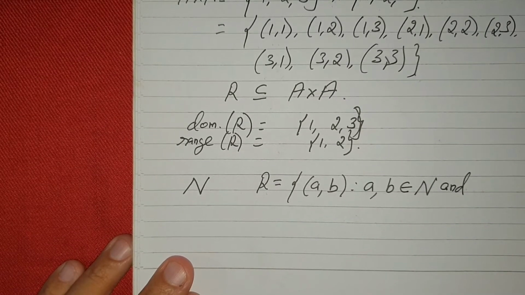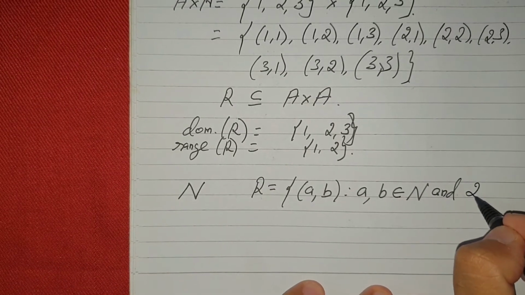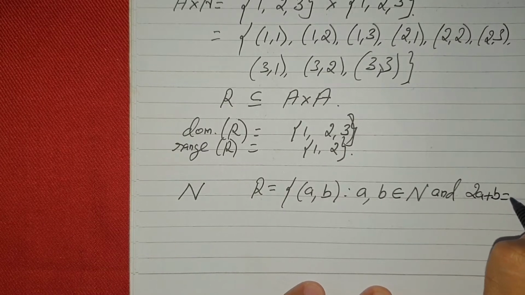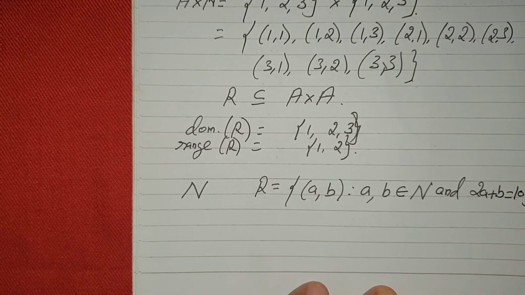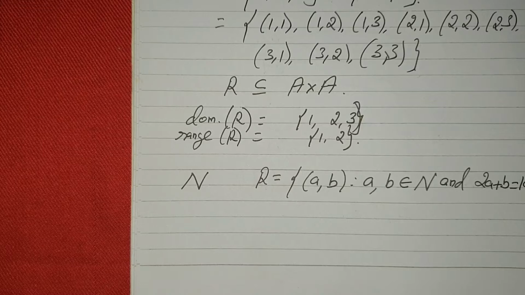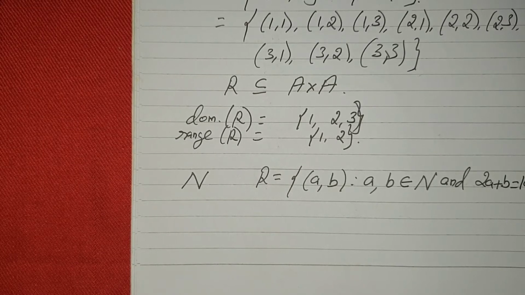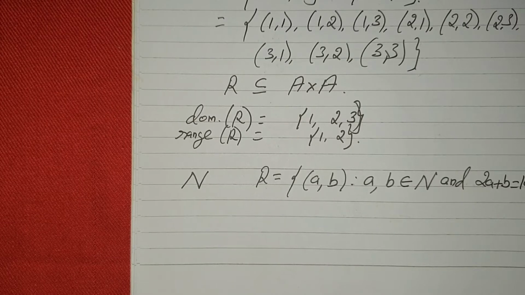Now we have to show that R is a binary relation on natural numbers. Find its domain, range and codomain.